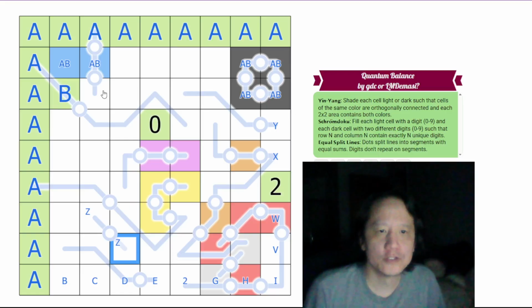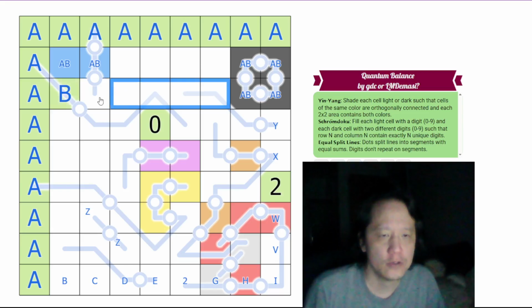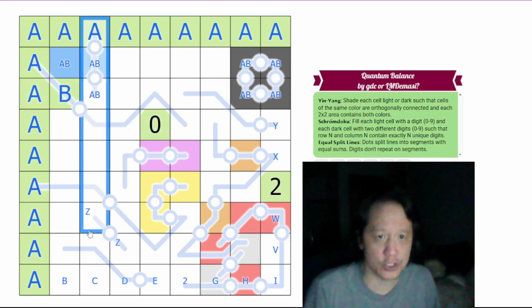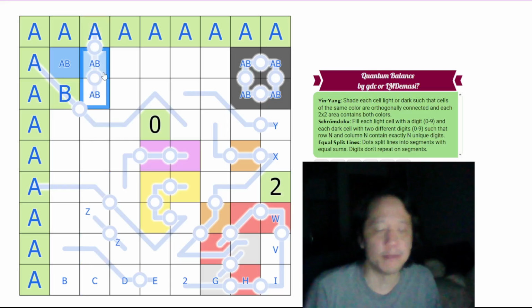Okay. So this, again, cannot be the Z that's in this row. So it has to be some combination of A and B. It could be green by itself. We don't know which. It could be A, B combined. That works.